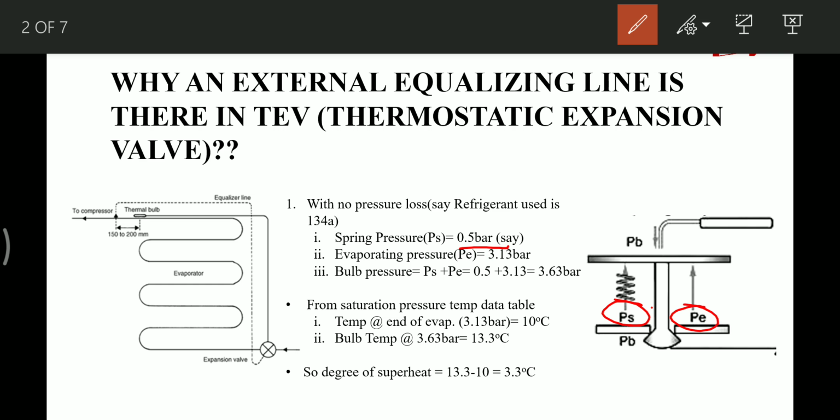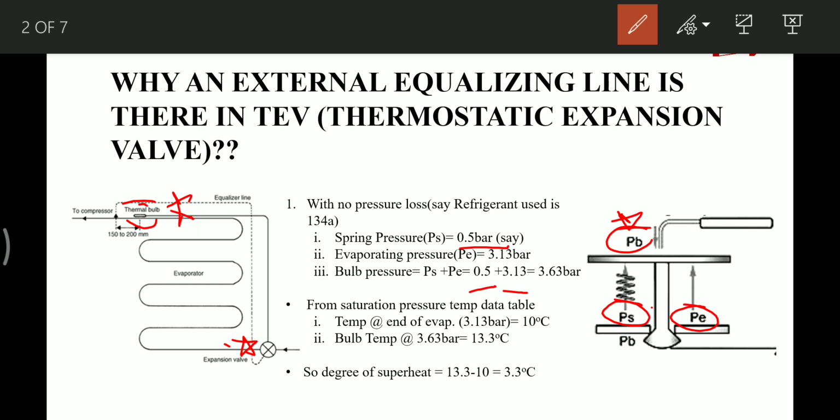If there is no pressure loss, then at this point and at the exit the evaporating pressure will remain the same, that is 3.13 bar. So the bulb pressure at the end will be 0.5 bar plus 3.13 bar, as we can see from this diagram. This is the bulb pressure, which is acted upon by the spring pressure and the evaporator pressure.